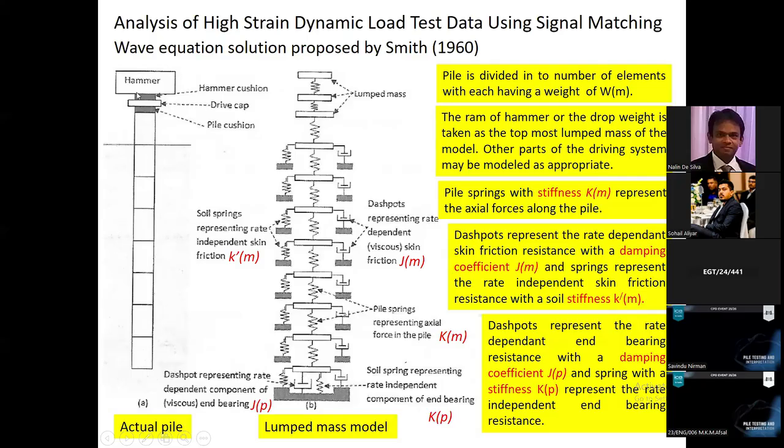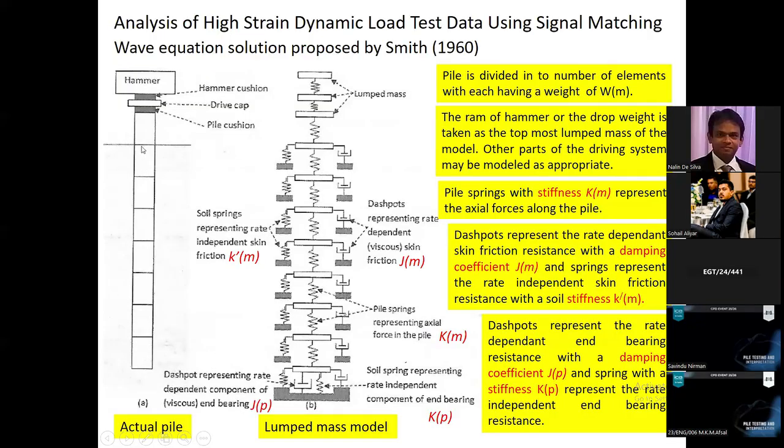The hammer, the cushion, the driving cap, and the pile are also modeled as lumped masses, and the contact between each segment is represented by springs. So this is representing this pile segment, this is representing the second pile segment, so pile segment to segment contact is represented by the spring.